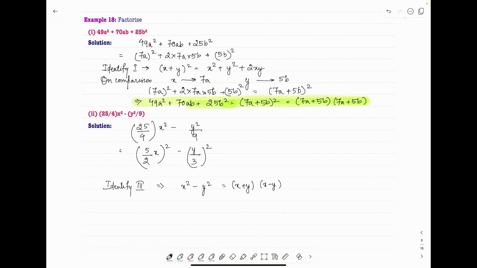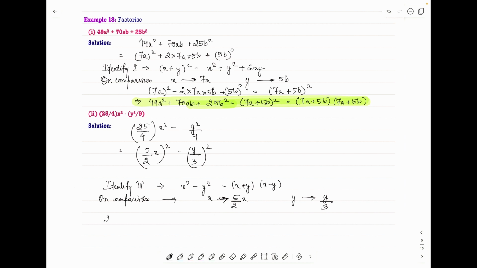On comparison, instead of x we are going to write 5x by 2, and instead of y we are going to write y by 3. So x square minus y square will be x plus y into x minus y.